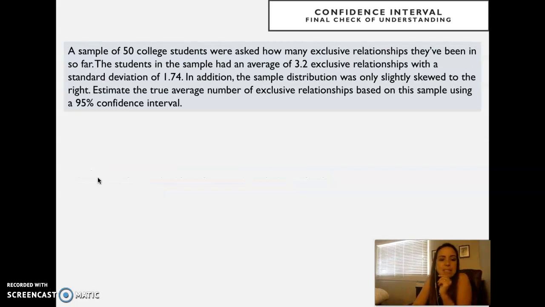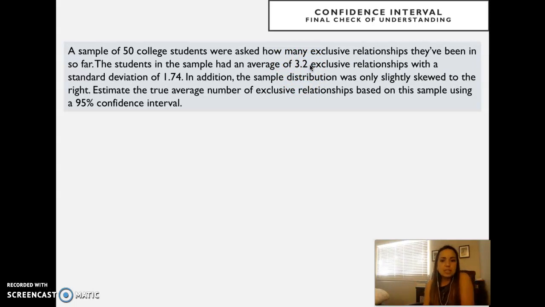One more. A sample of 50 college students were asked how many exclusive relationships they've been in so far. The students in this sample had an average of 3.2 exclusive relationships with a standard deviation of 1.74. So here's a point estimate of how many relationships each student has been in.